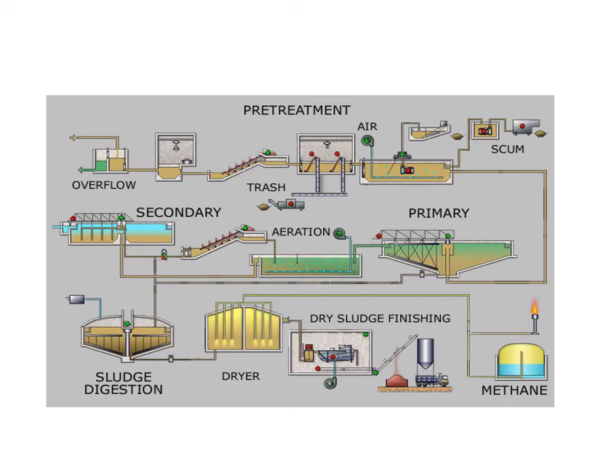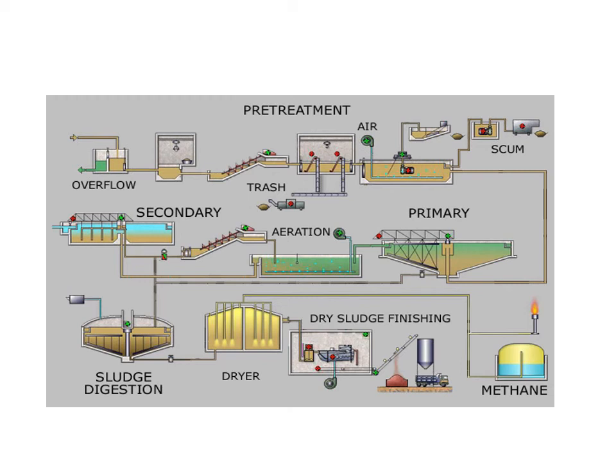Then under the primary treatment we pass the wastewater to the primary treatment plant, and large rags, sticks, etc. are removed, and it is passed to the aeration tank. The aeration tank supports microorganism growth, and from the aeration tank it is passed to the secondary treatment plants, and from the secondary treatment plant it is again passed to sludge digestion.